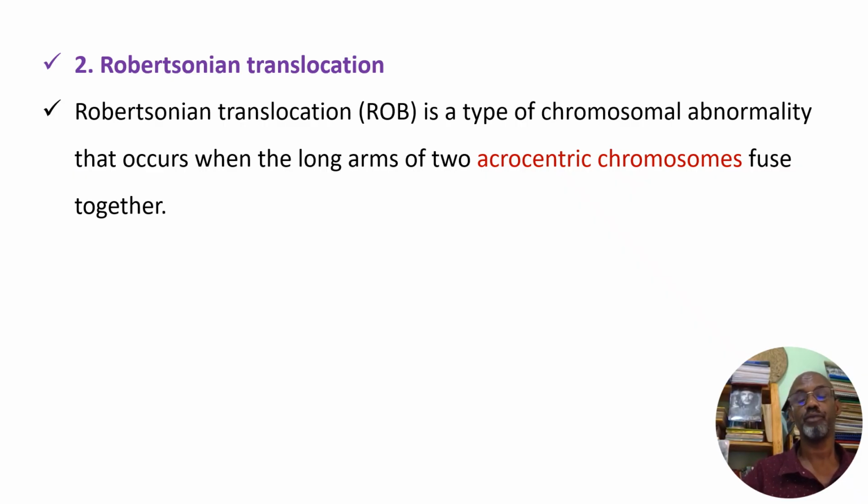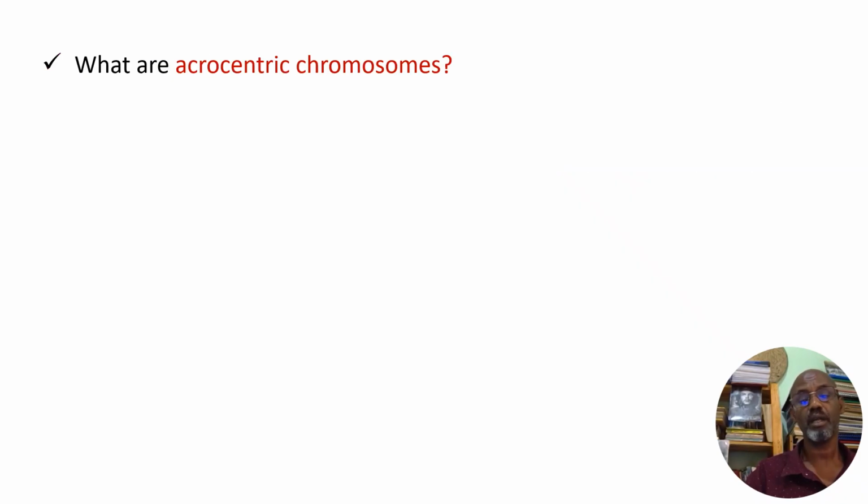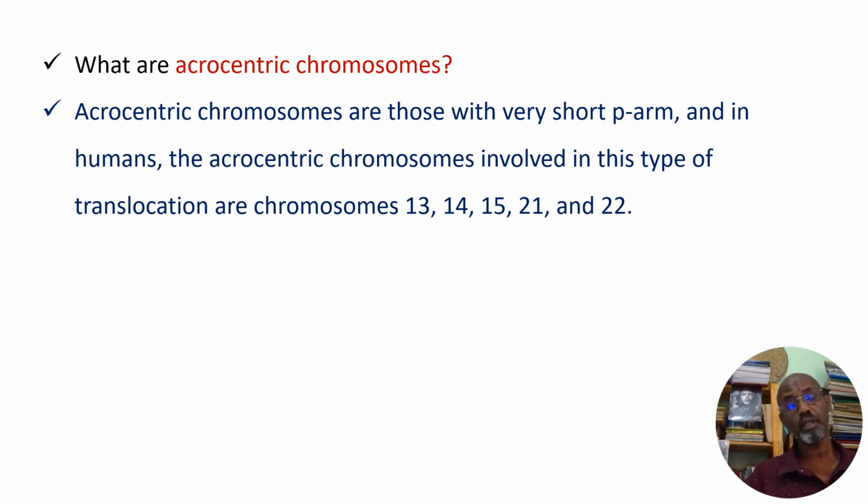The long arms, they call the Q arms, are below the centromere. I can show you what acrocentric chromosomes are. Let's ask, what are acrocentric chromosomes? Acrocentric chromosomes are those with a very short P arm, the region of the chromosome above the centromere.